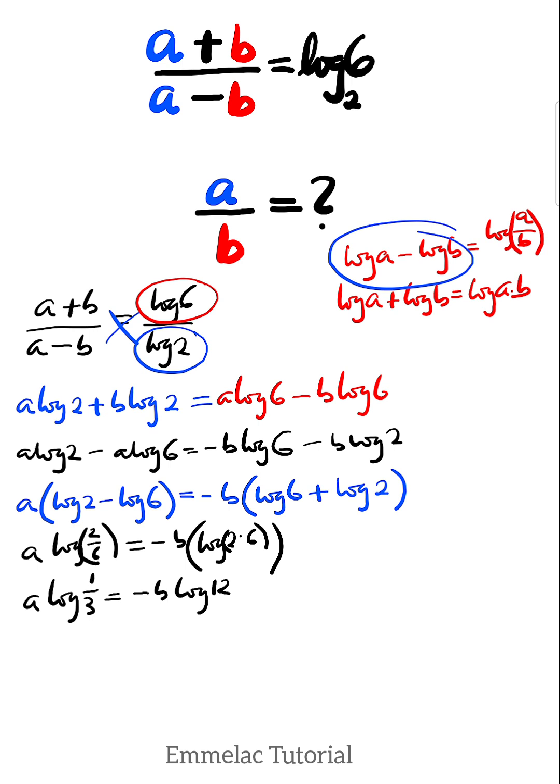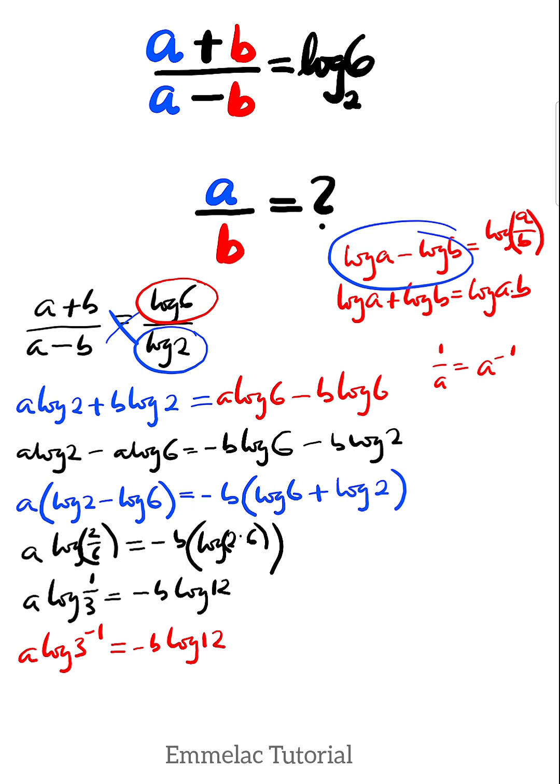Now let us raise this to an exponent, that is 1 over 3. We know that when you have 1 over a variable, in terms of index, this is the same as saying a raised to negative 1. So this becomes a log 3 raised to negative 1, then equals negative b log 12.